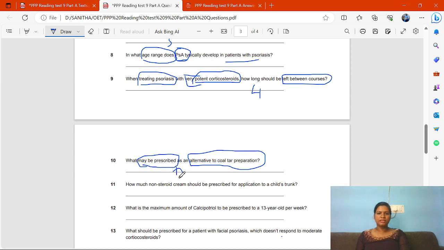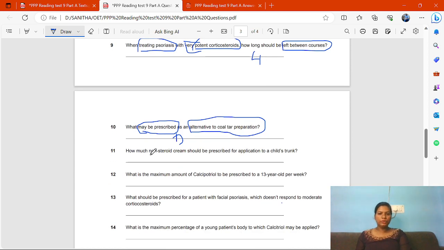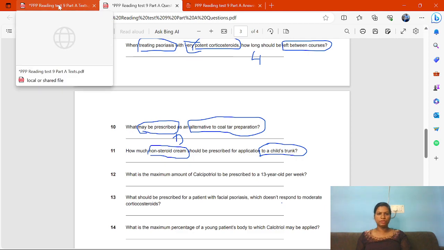Next: how much non-steroid cream should be prescribed for application to a child's trunk? This is a treatment question, so we have to go to test B or test D. Non-steroid cream is one keyword, and child's trunk is given.